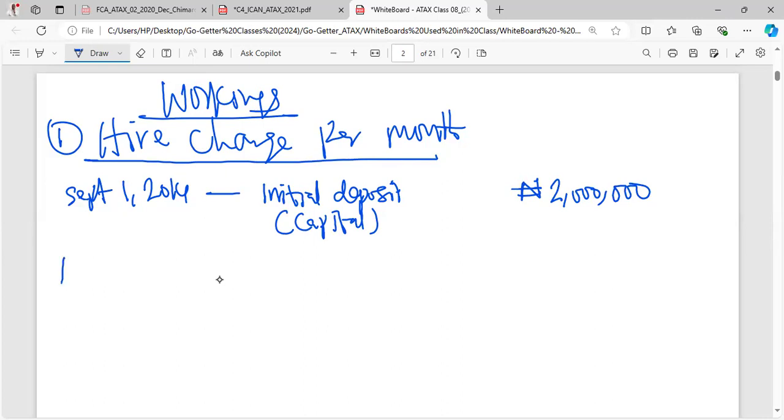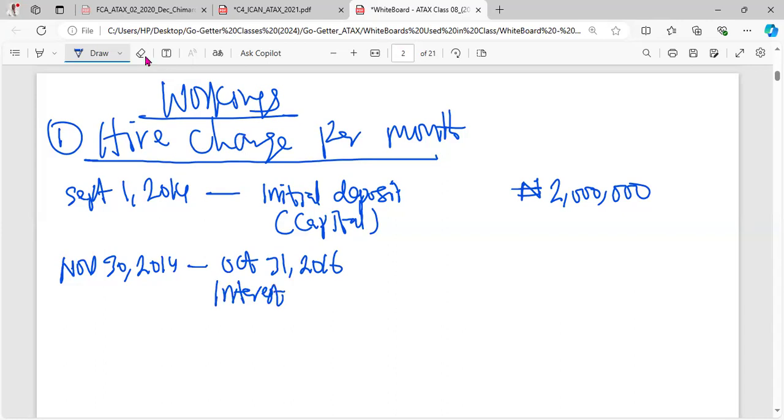Now from November 30, 2014 down to October 31, 2016, you are paying installments which include capital and interest.